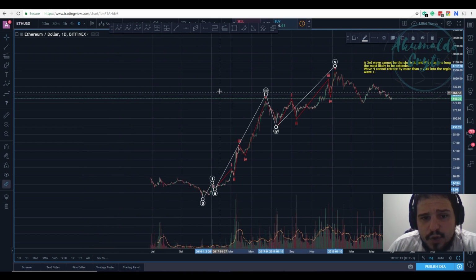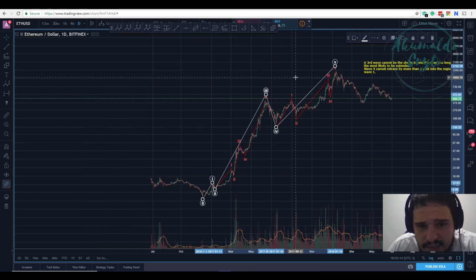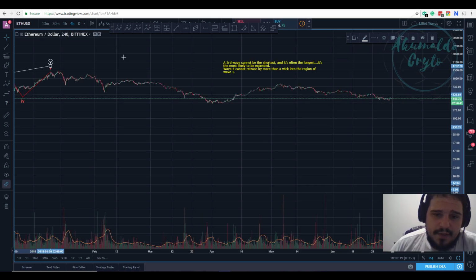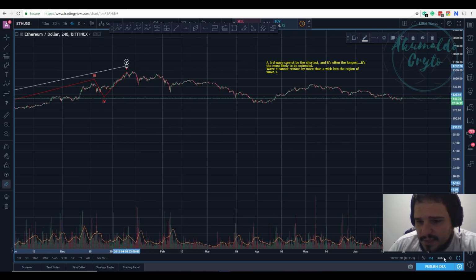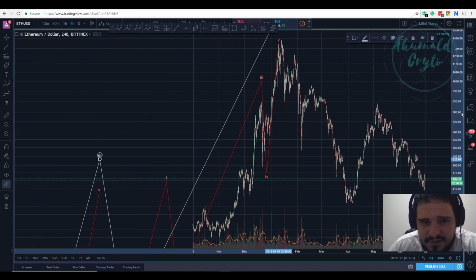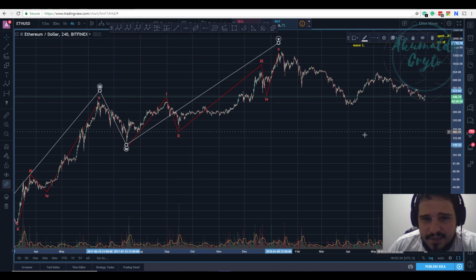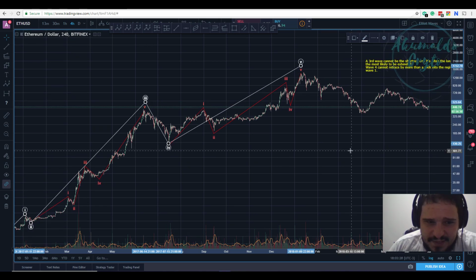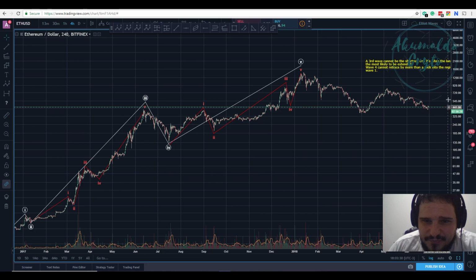Of course, we can't see this perfectly here. We would need to go down a little bit and zoom in, because when we change the time frame, things start to fall apart a little bit.